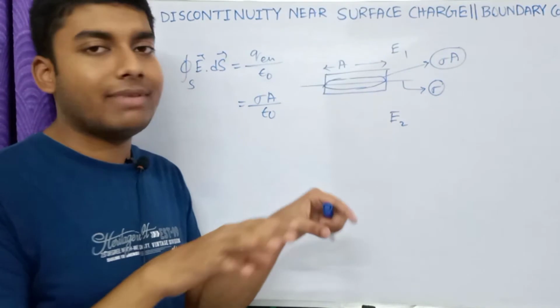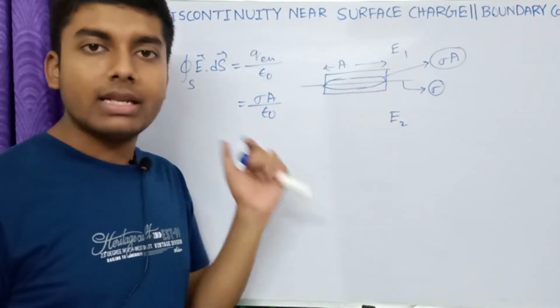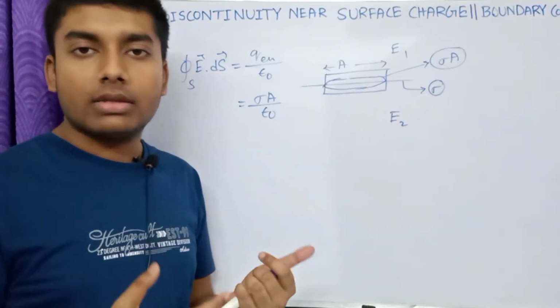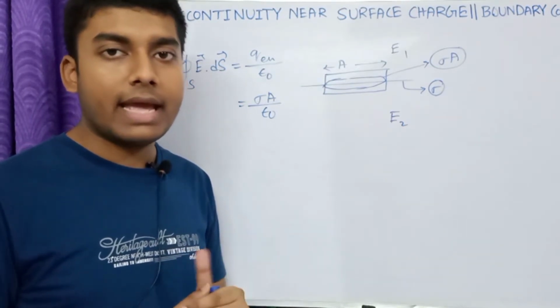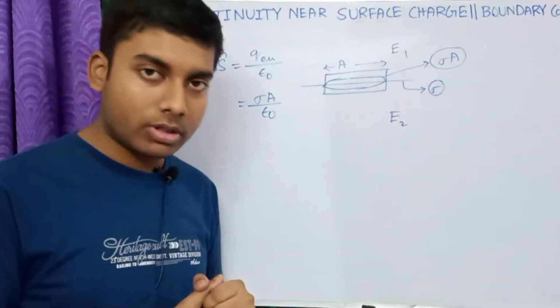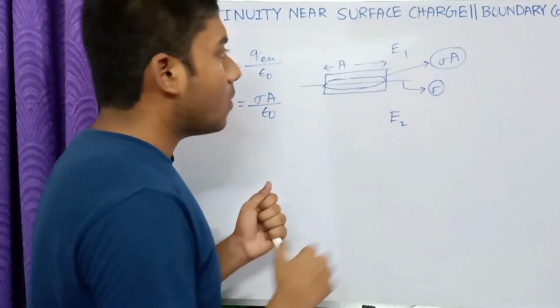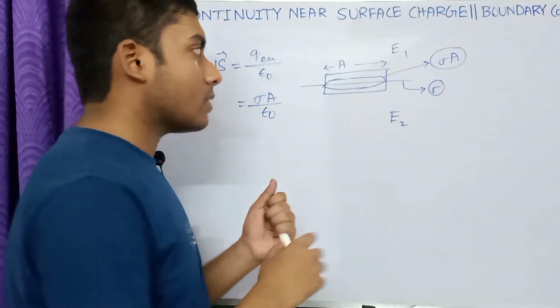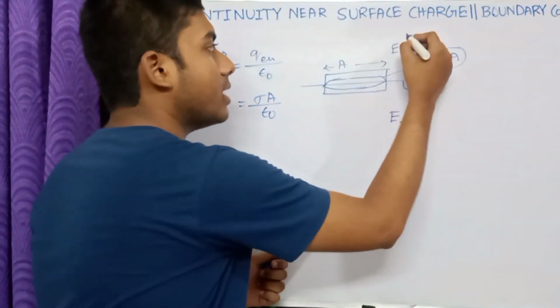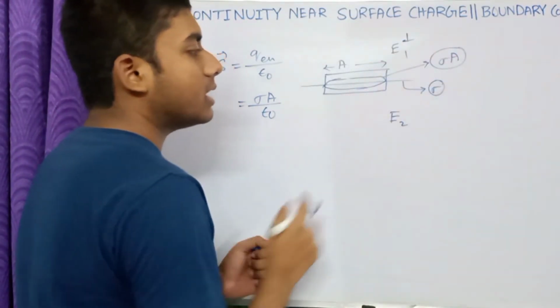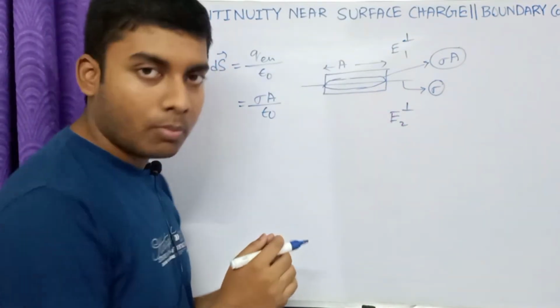We are dividing this into two parts: the perpendicular or normal component of the electric field, and the tangential component. So we are first considering the perpendicular component of the electric field.